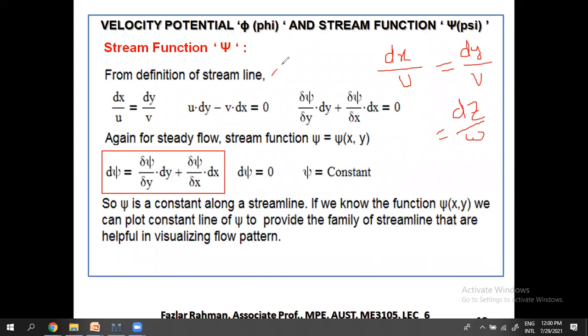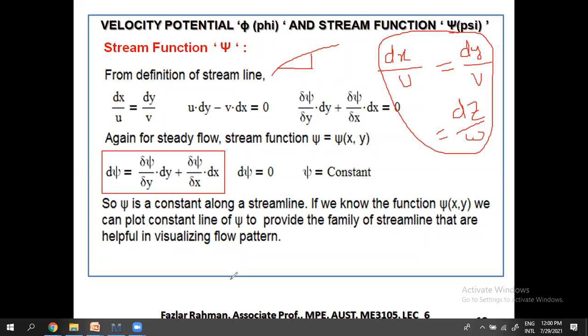You remember, this is the streamline. We make a line over here. This is dr, this is dy, this is dx. Then we showed that a streamline has to satisfy this equation. That's why you put it over here.